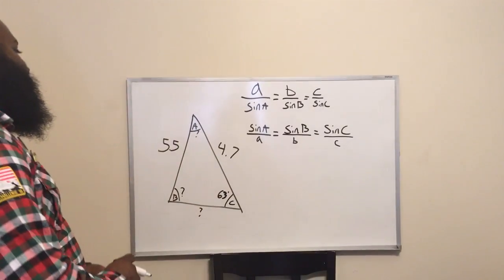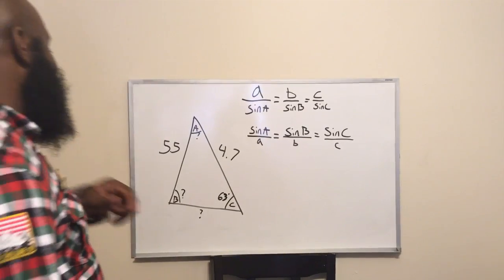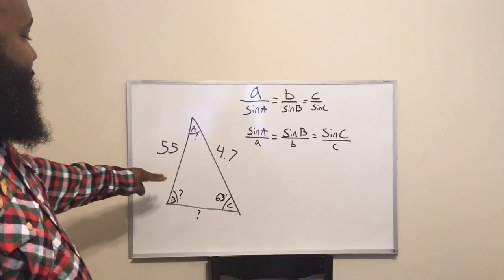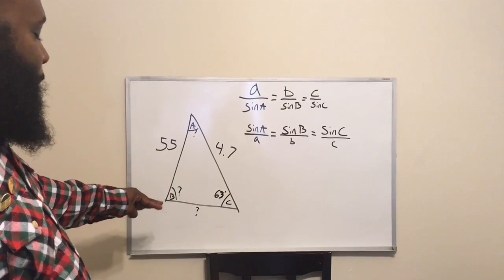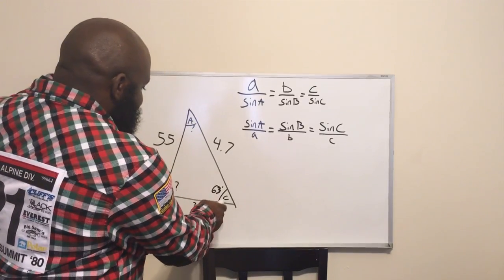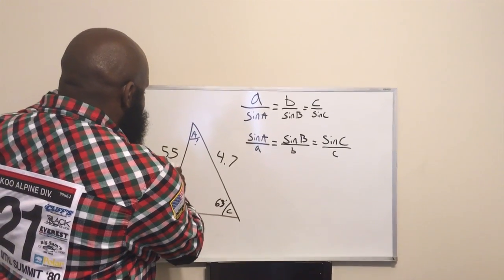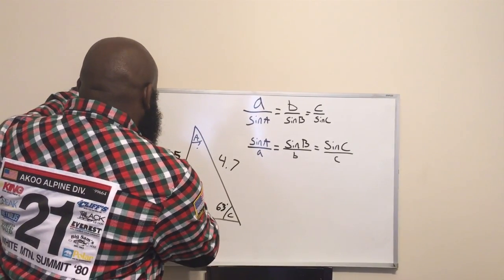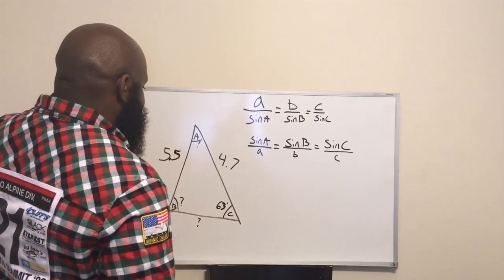Alright. So what we have here is a triangle, and we have some of the information and we're missing some of the information. We know what angle C is and we know what side C is. Side C is 5.5.